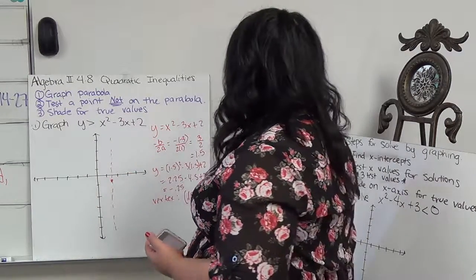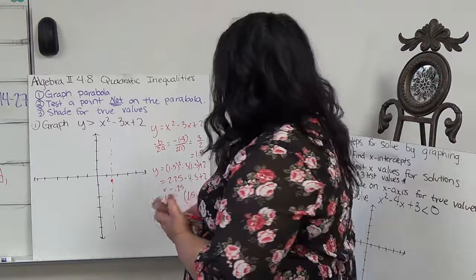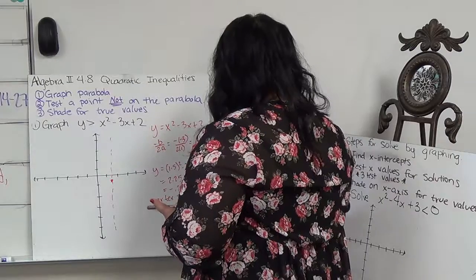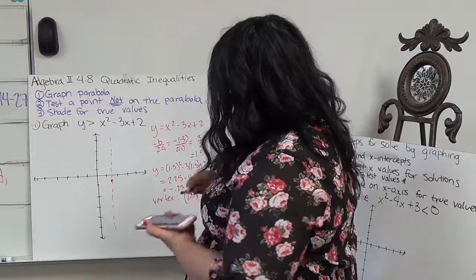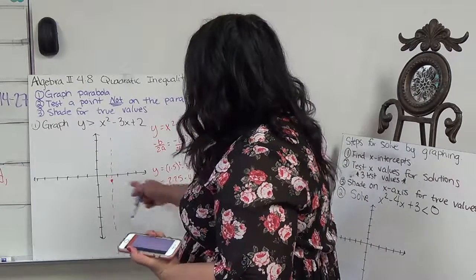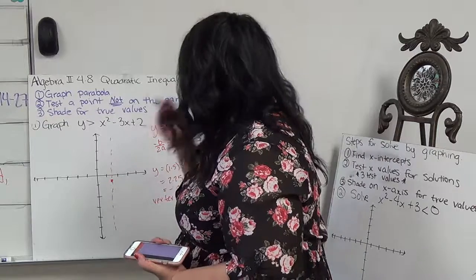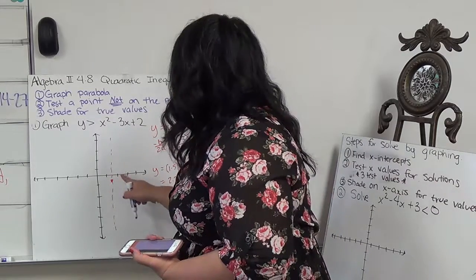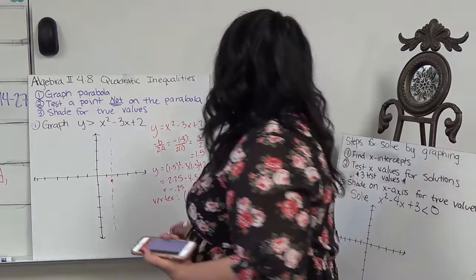This is my vertex. Now, with the axis of symmetry, I just need to find a point. I'm going to test a point on this side, so let's try 2.